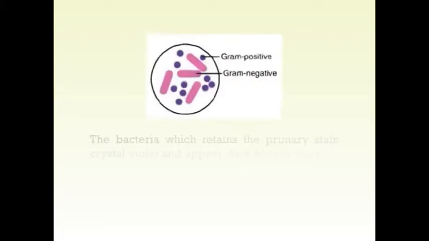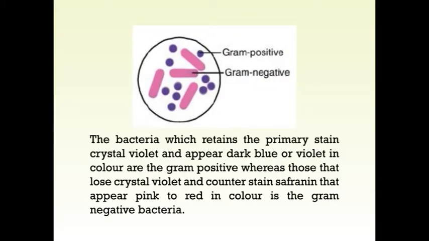The color changes that occur in the bacterial cells at each stage are due to these 4 reagents. The bacteria which retain the primary stain, crystal violet, and appear dark blue or violet in color are the gram-positive, whereas those that lose crystal violet and take up the counterstain safranin, appearing pink to red in color, are the gram-negative bacteria.